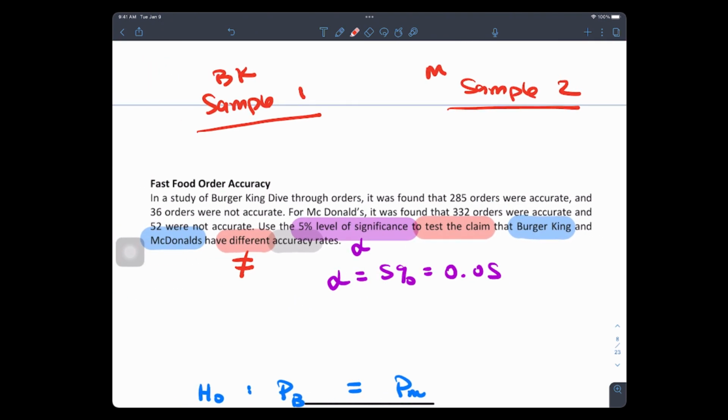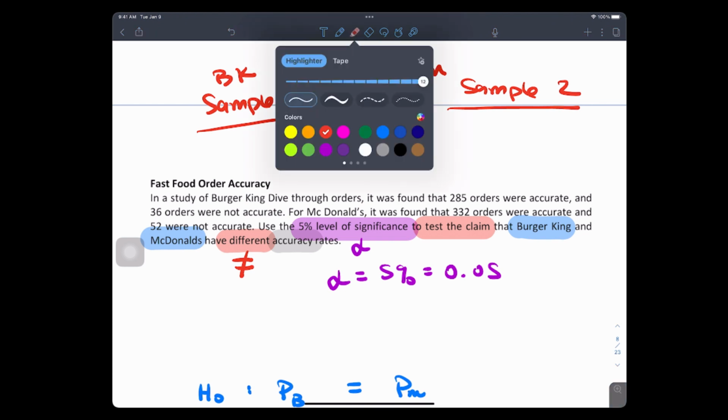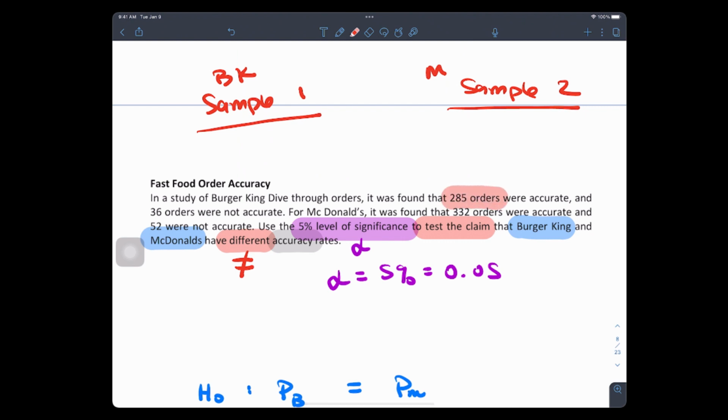Let's read this. At BK drive-through, it was found that what? 285 orders were accurate and 36 orders were not accurate. What does that mean? If we're looking for an accuracy rate, what are your successes?